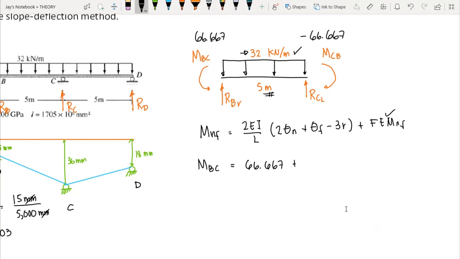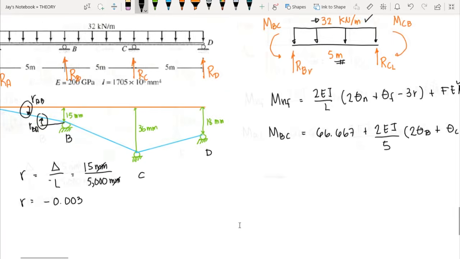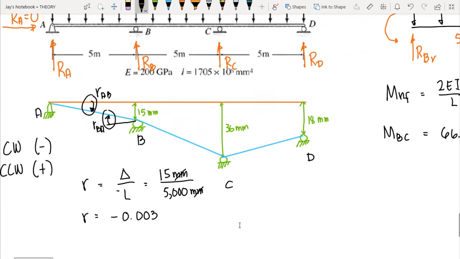So we have here the fixed end moment for BC is 66.667 plus we have 2EI over L, the length is 5, times 2 theta B plus theta C minus 3R. Now our R here is the rotation of B to C. So this has a clockwise rotation, and the delta, the change in support settlement, for theta BC is equal to 36 minus 15.